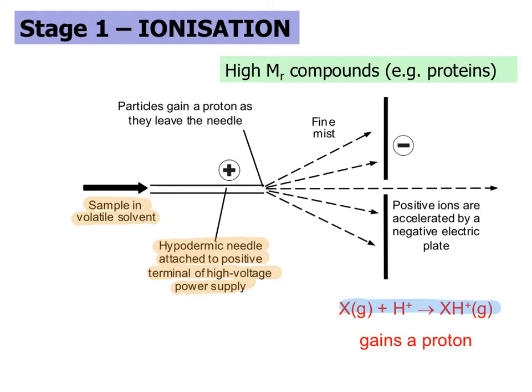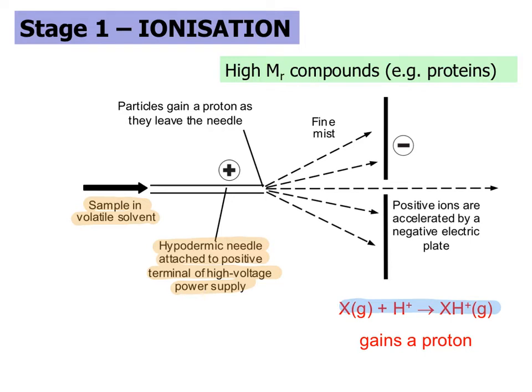Again, though, once it's ionized, so it's only the method of ionization that's different. When we have a very large compound such as a protein, it's still being ionized so that it can be accelerated by a negative electric field. So the vast majority of mass spectrometry ionization is the previous version, where we fire high energy electrons at a sample and knock an electron off.